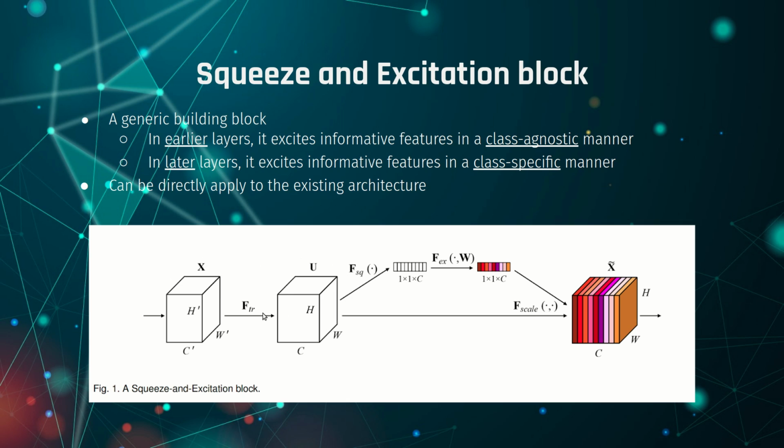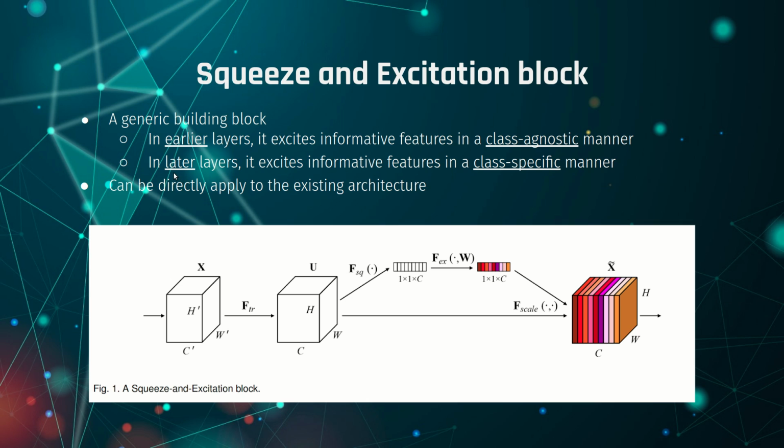And actually, you can put this architecture everywhere across your backbone, right? So it's a generic building block. We all know that in a convolution, in the early layers, you can find rich feature information, and those features are class agnostic. It doesn't matter when you change the class, because in the early layers you have this edge, this corner information, and that is independent of the class.